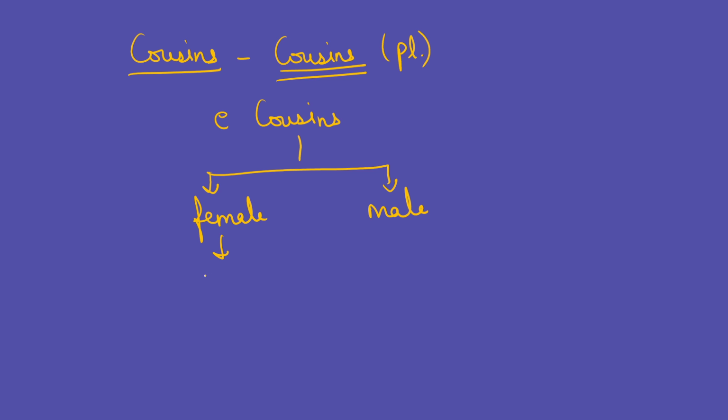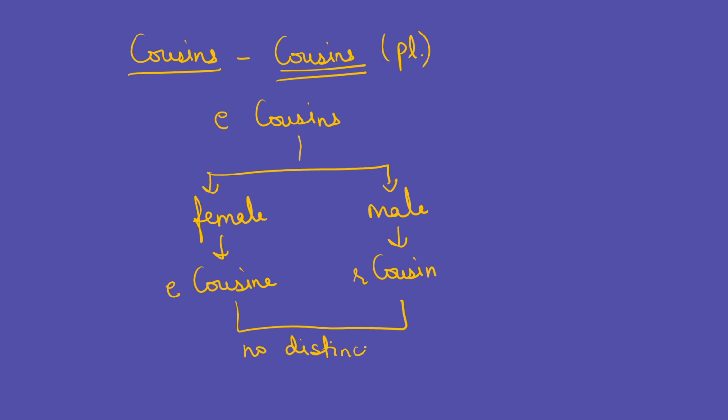So a female cousin is known as Cousine and a male cousin is known as Cousin. Die Cousine and der Cousin. So here also you cannot distinguish based on age, unlike Geschwister.